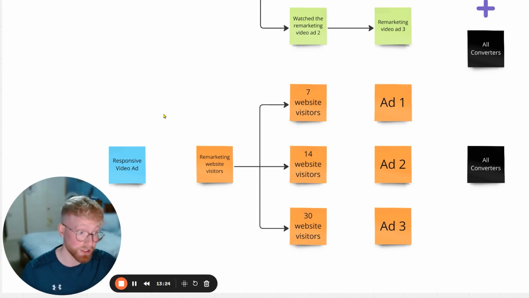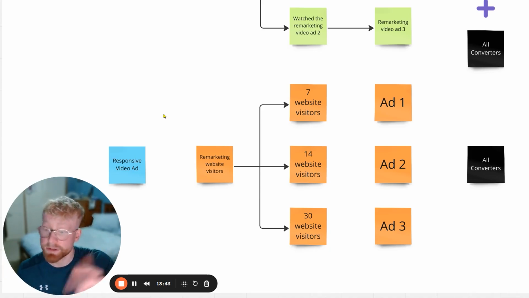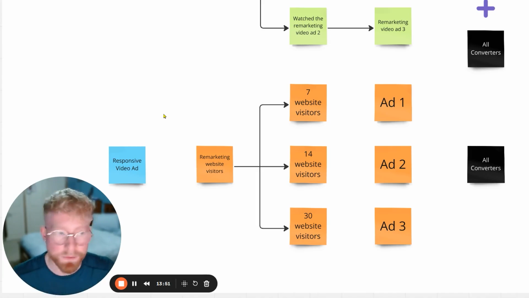Since you're being charged on a click basis and inherently YouTube ads don't really generate many clicks, because it's all view through conversions, people will watch the ad and they won't click through. So utilizing a responsive video ad type can actually generate more impressions sometimes. So just a bit of a hack for you guys. Try it, see what you think. But that's what I found.